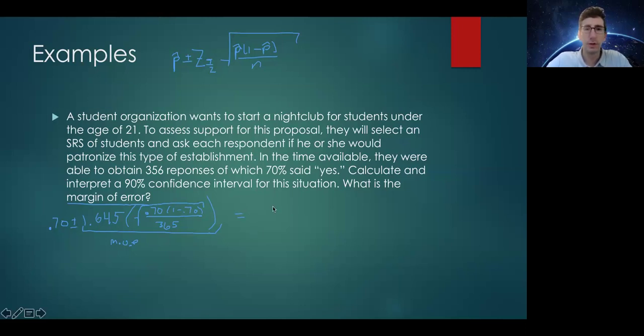So I'm going to start on the inside of our square root: 1.645 times the square root of 0.7 times 1 minus 0.7, which is 0.3, divided by 365. So 0.7 times 0.3 is 0.21.